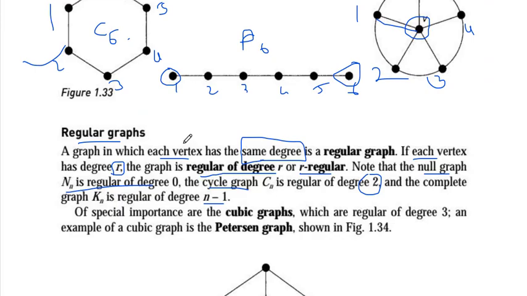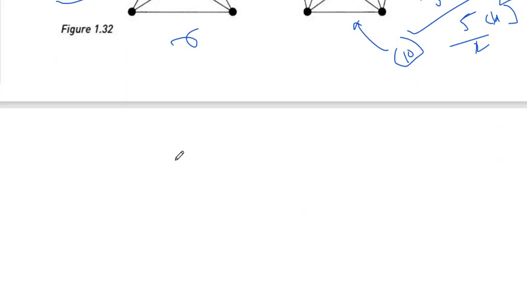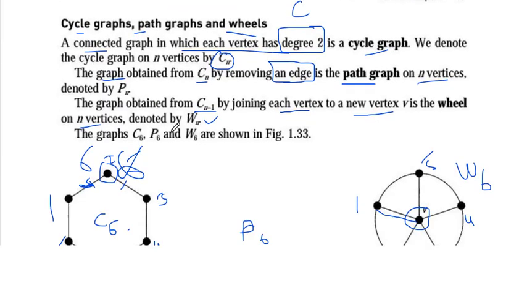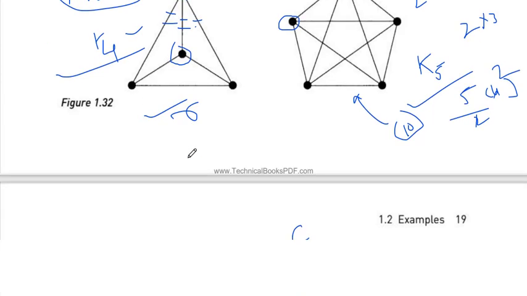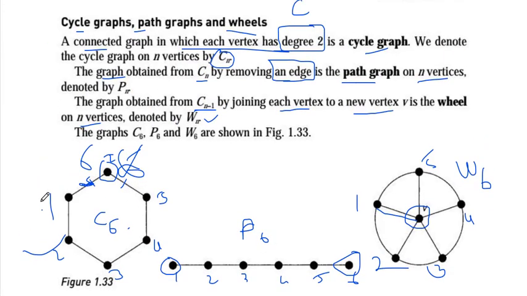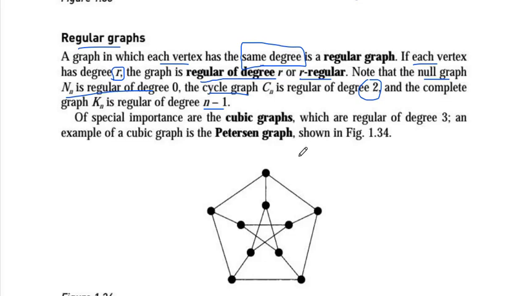So till now we have studied the complete graph, cycle graph, path graph and wheel. The complete graph is also a regular graph, and the null graph and cycle graph are also regular. Also of special importance is the cubic graph. Cubic means 3, as with square and cubic, so a cubic graph is regular of degree 3.